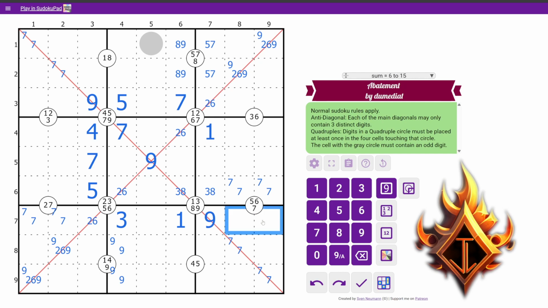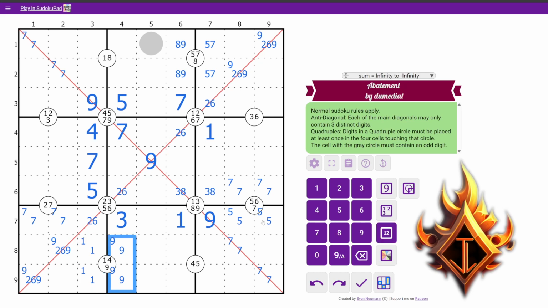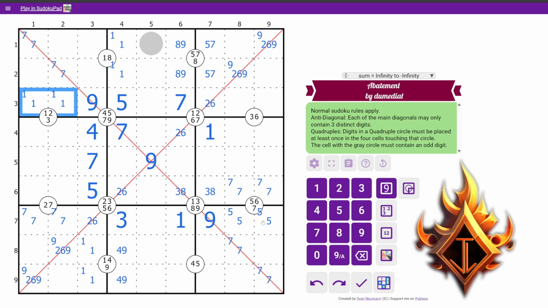A 5 must go down here. Oh, the 1 must be on this side now. The 4 must be here with the 9. Looking up. The 1 has to be on this side.